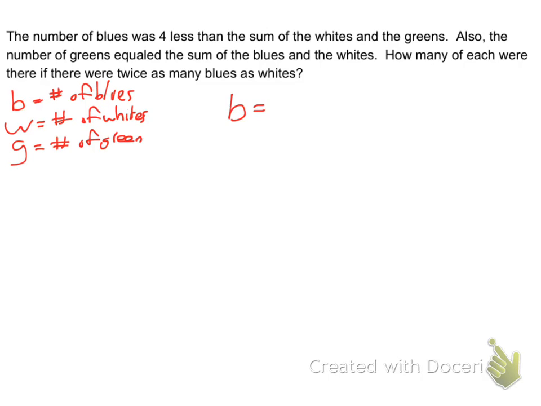Okay, think of this. I need to be 4 less than something. The something is a sum. So I need to state the sum. The sum is whites and greens. So I am going to add parentheses and put W plus G. There's my sum.